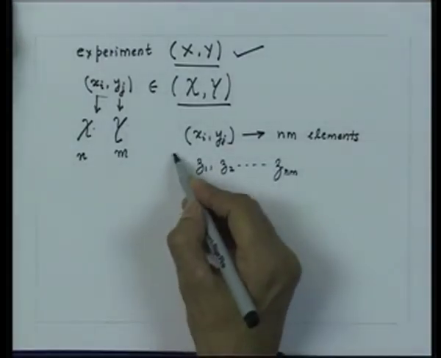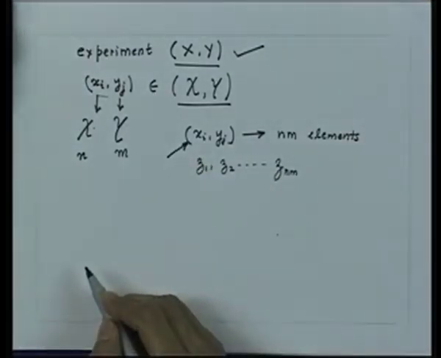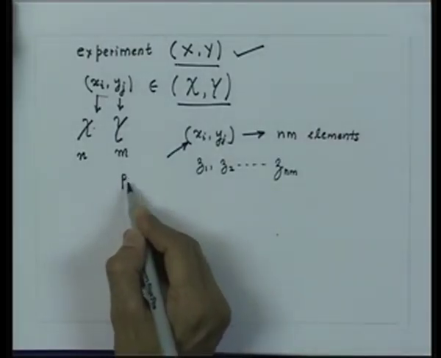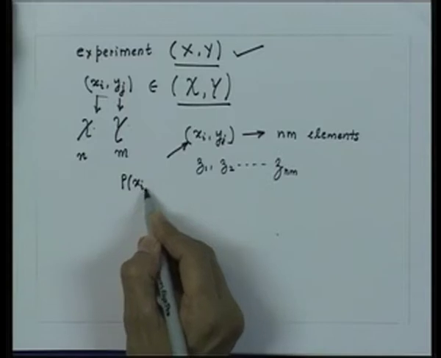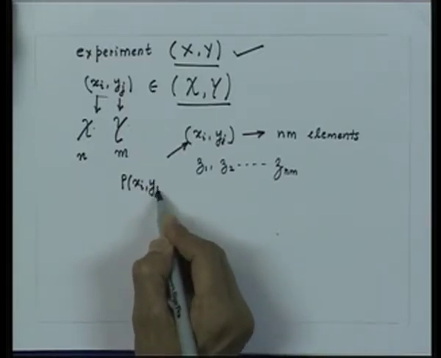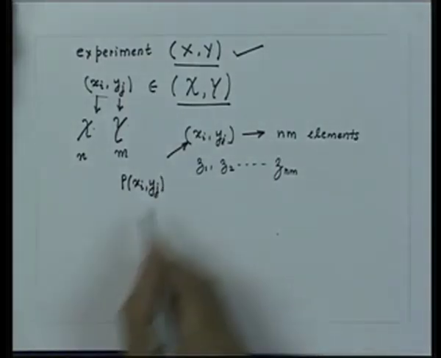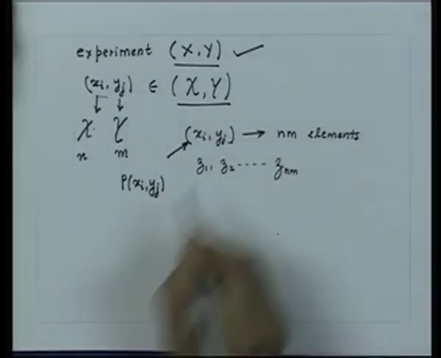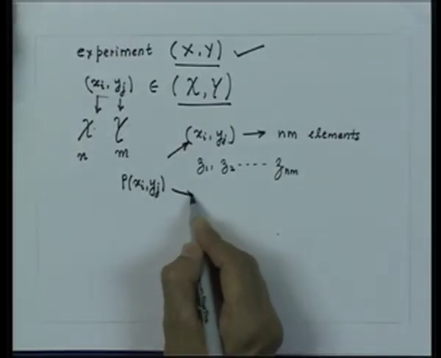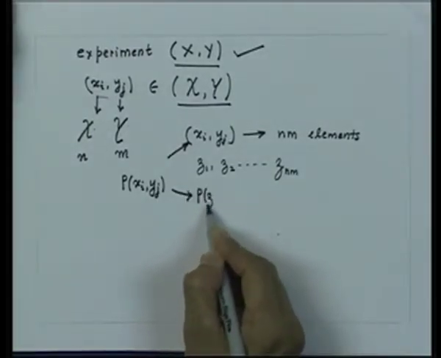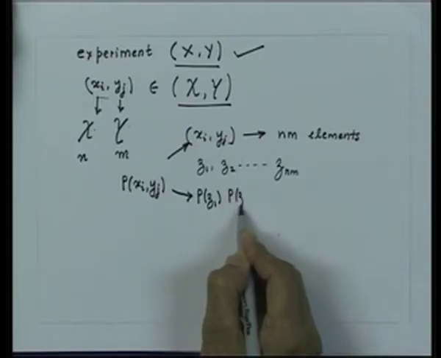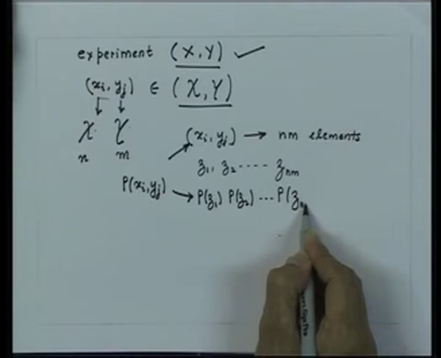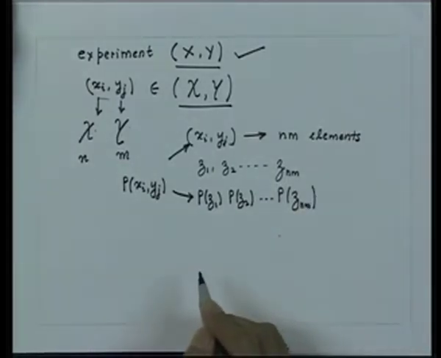Now, with each of these events xi yj, I will have a probability of occurrence given by probability of xi, yj. In the light of our definition in terms of z, this is equivalent to probability of z1, probability of z2 and probability of znm.